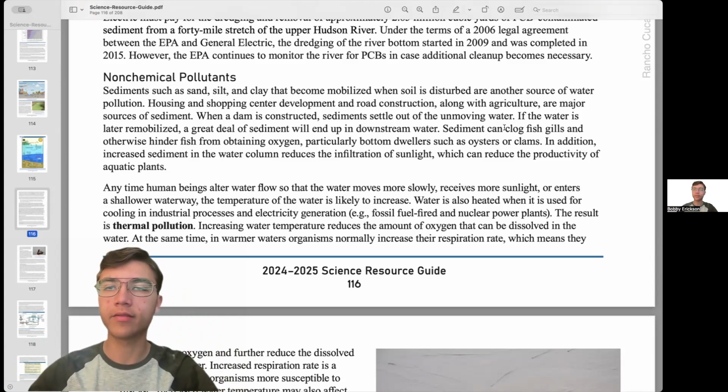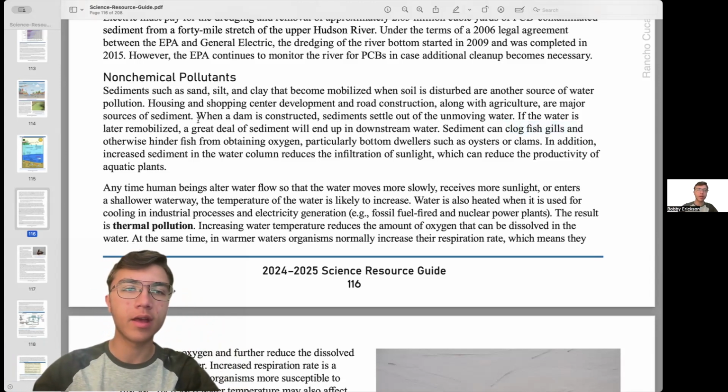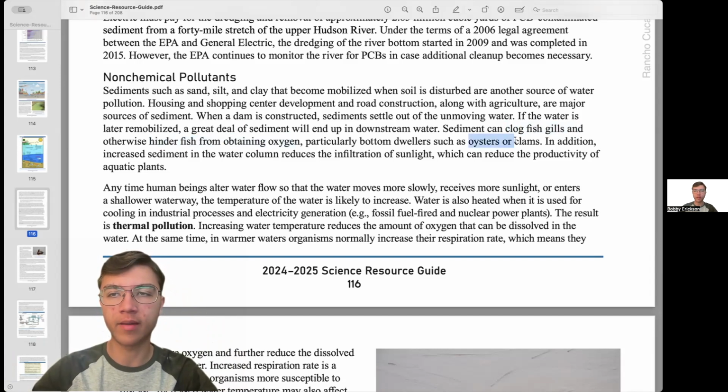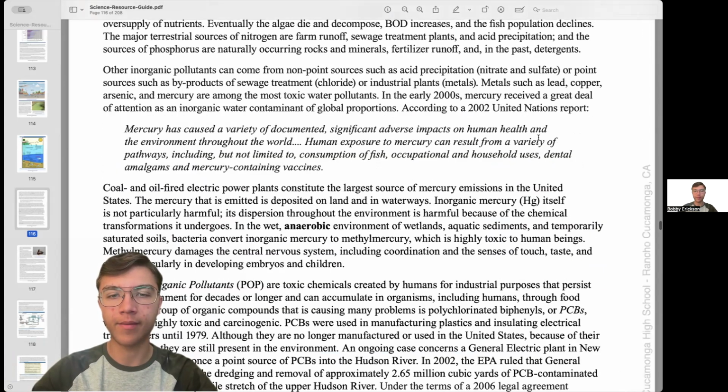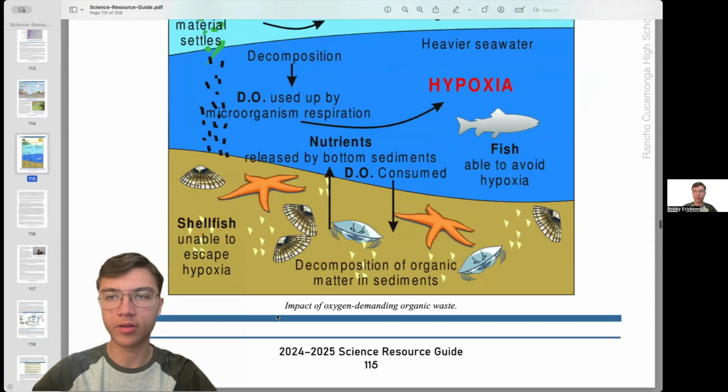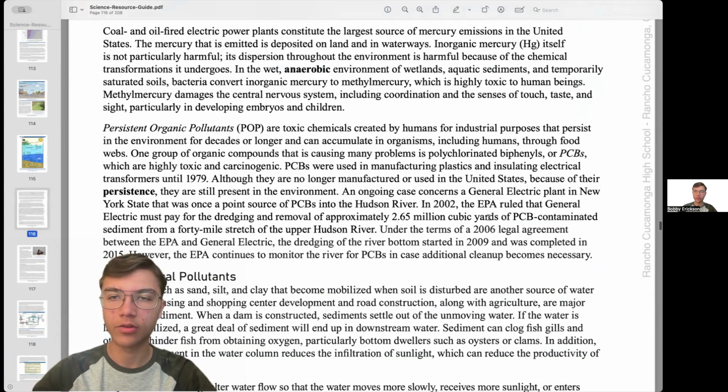The negative effects of this is clogging fish gills, hindering fish from obtaining oxygen, especially oysters and clams, so bottom dwellers. So if you're thinking about down here, shellfish are very similar in this way to oysters and clams.